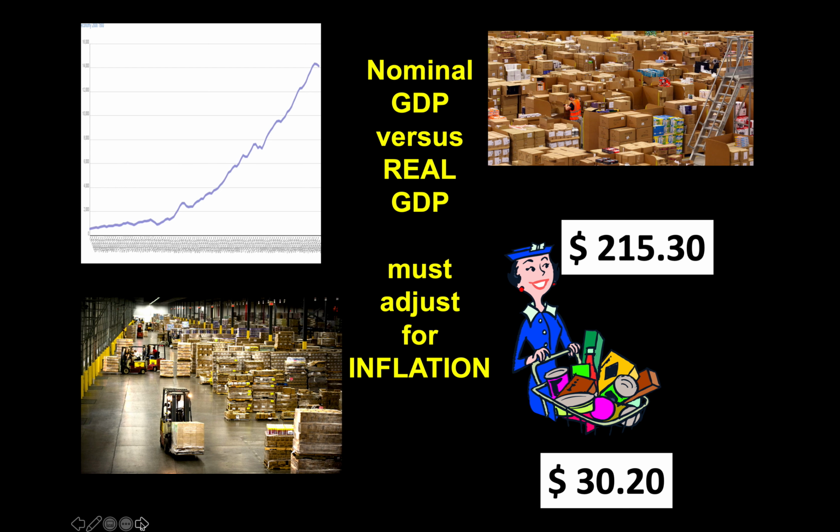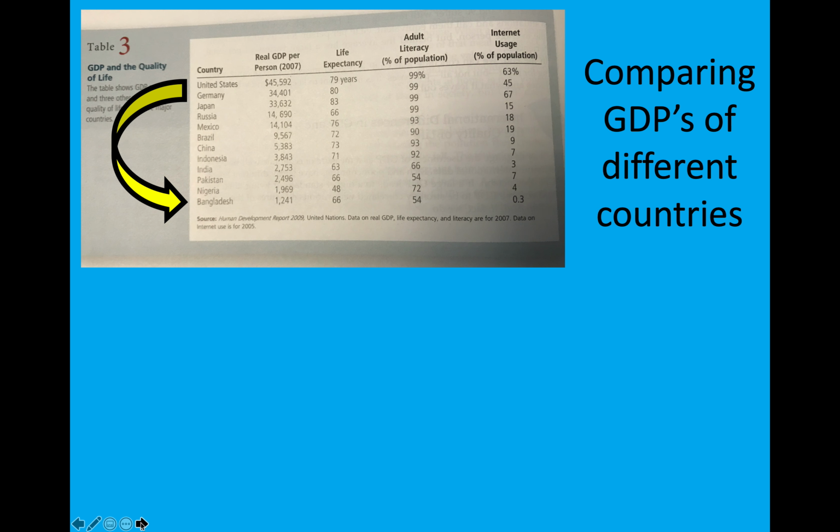So another thing we can do with our gross domestic product is compare different countries. Okay? So, for instance, we can collect data on what the gross domestic product, or in this case, gross domestic product per person, is in various countries.